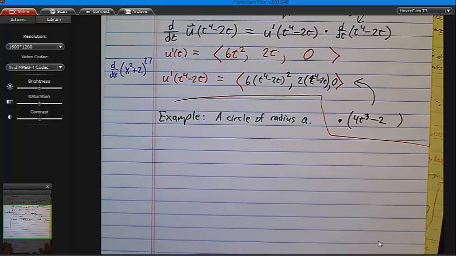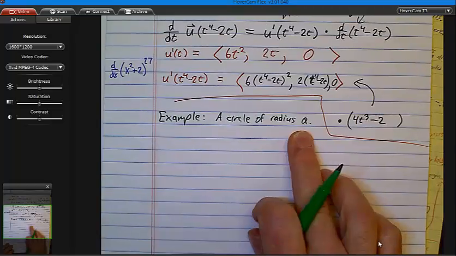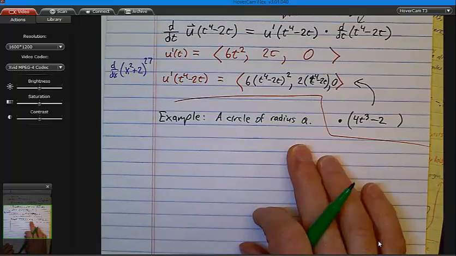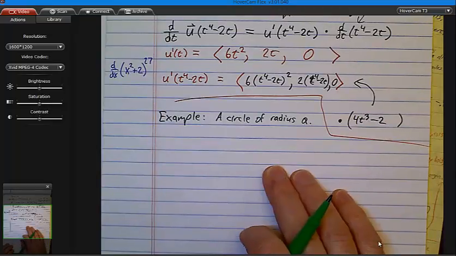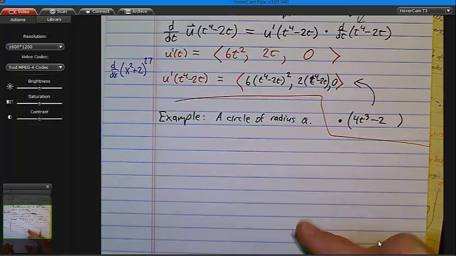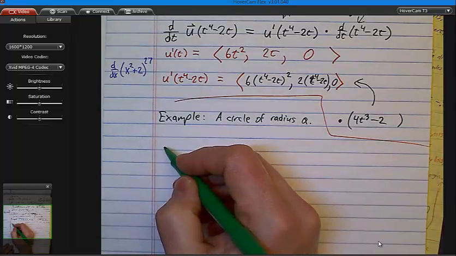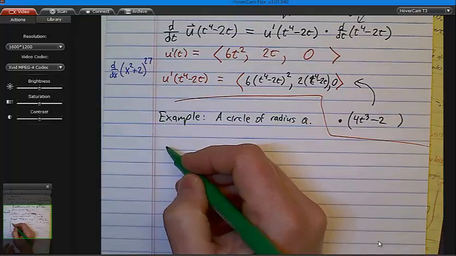Now, how do I define this circle in the plane? Well, x squared plus y squared equals a squared is great, but I'm trying to do vector calculus with you guys. So do you know how to define a circle in the plane? Cosine and sine, yeah.